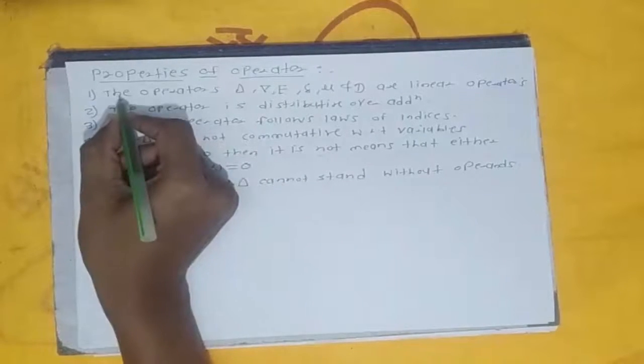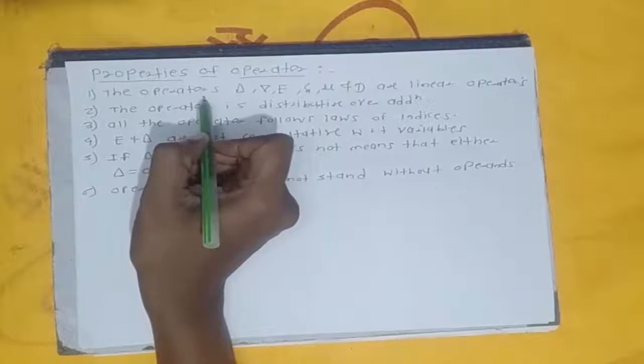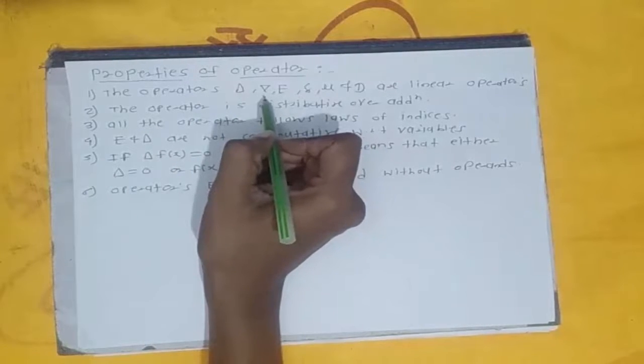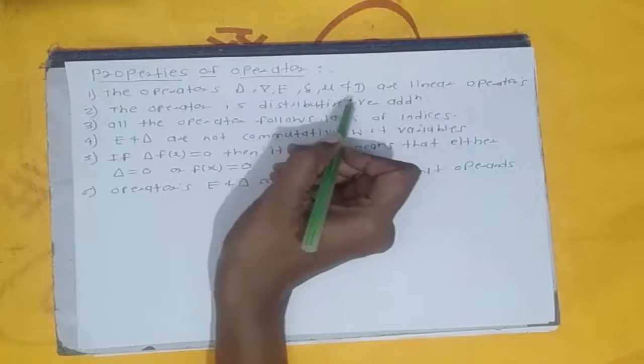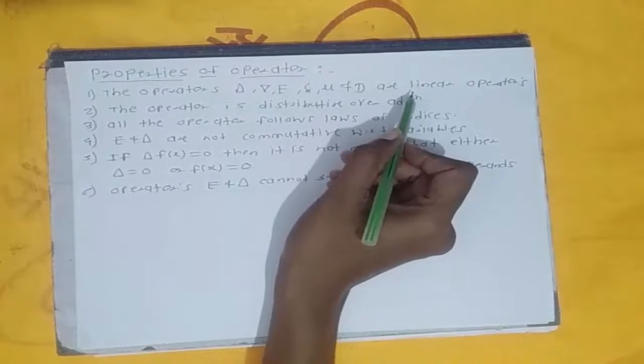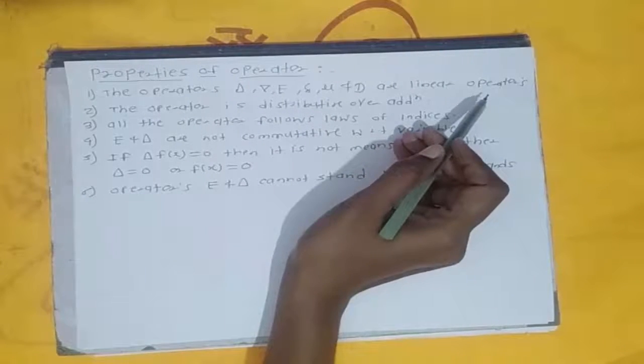Now the first property: the operators delta, del, E, mu, D, that is the differential operator, are linear operators.